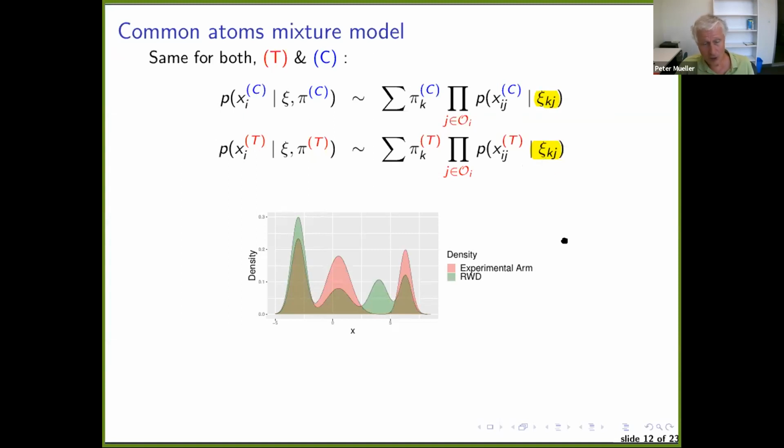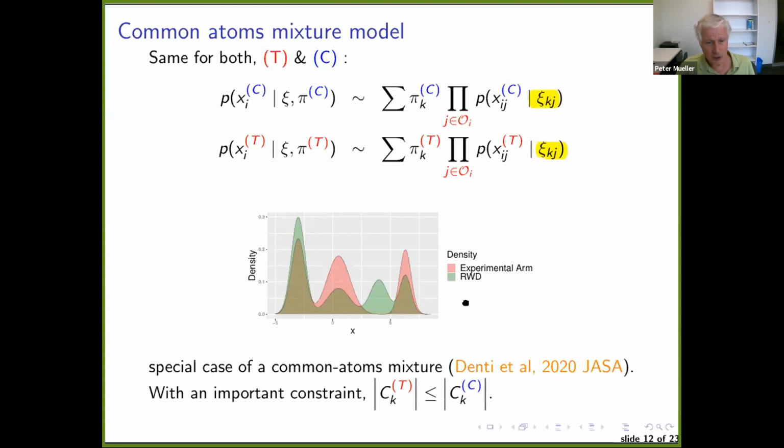We use common atoms. Now we are at the cartoon from the title slide, where we have a red mixture for the treatment patients and a blue, sorry, it switched to green in the picture, a green mixture for the control patients, for the real world data patients. And it's two different mixtures, but they share common atoms. So it's a common atoms mixture model.